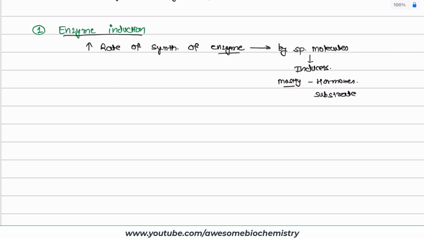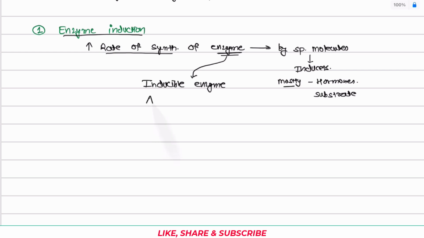Now these enzymes which can undergo this change in the rate of synthesis are called inducible enzymes. Inducible enzyme is also called an adaptive enzyme. Here one thing to note down is that not all enzymes of our body are inducible or adaptive enzymes.